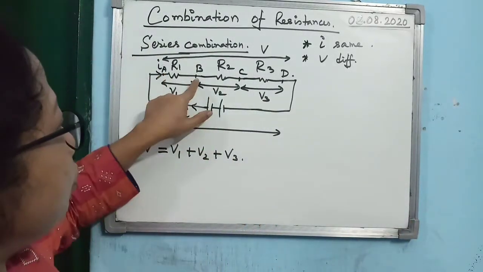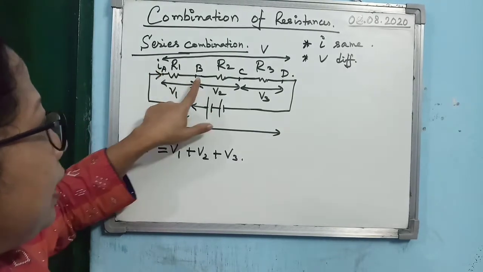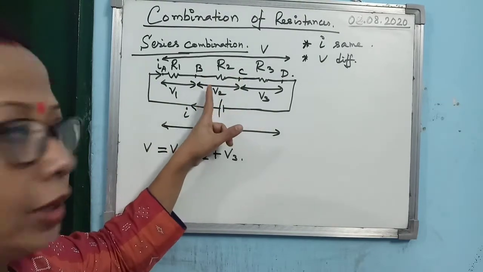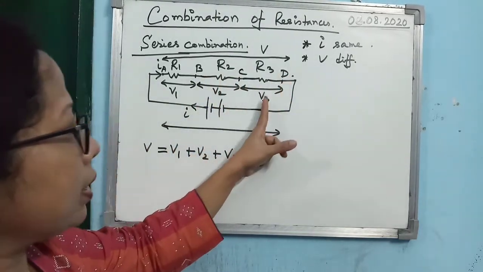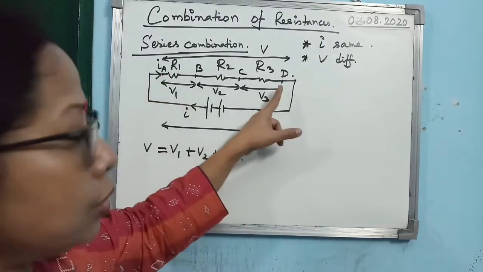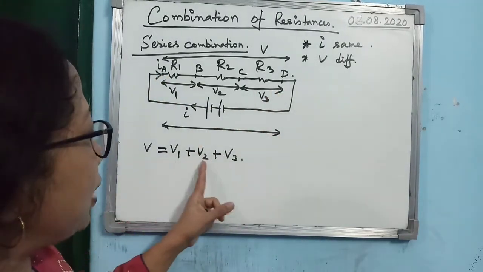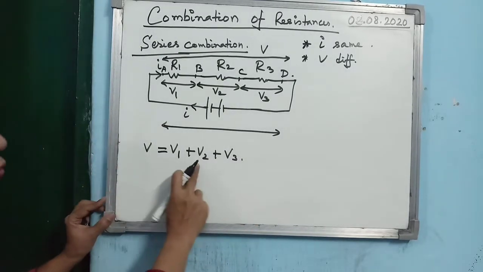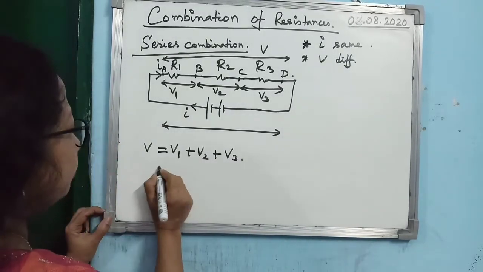So if V1 is the work done to carry unit charge from A to B, then from B to C, what is the work done? V2. Then from C to D, what is the work done? V3. So what is the total work done carrying the charge from A to D? It will be V1 plus V2 plus V3. So you can write that V is equal to V1 plus V2 plus V3.